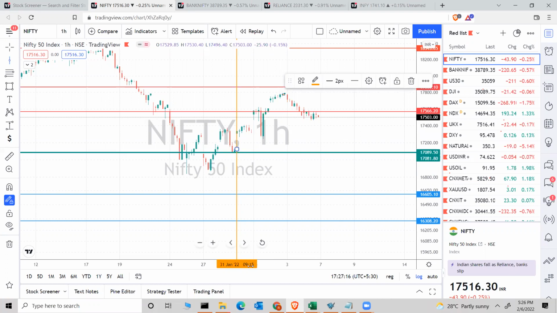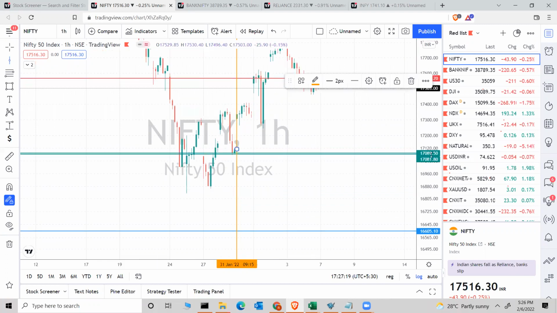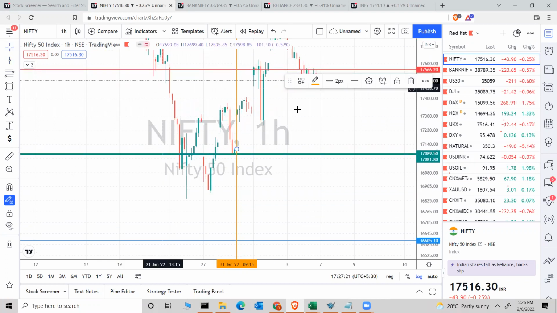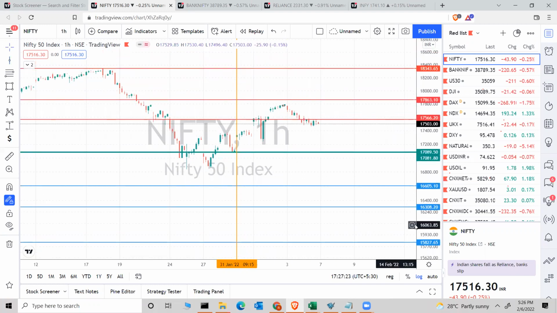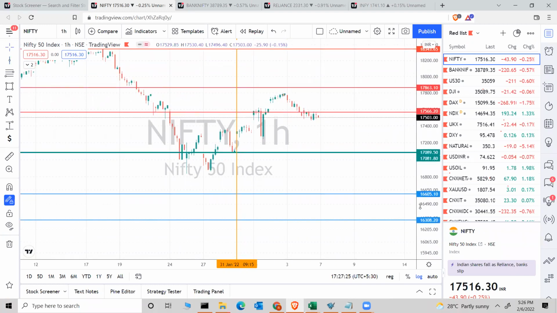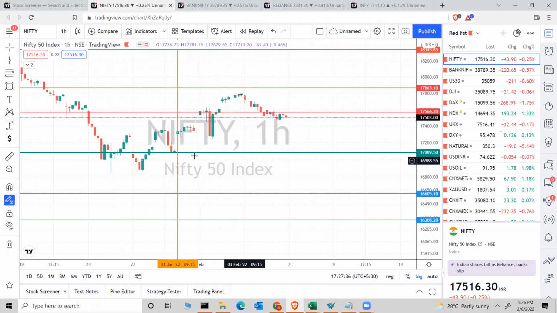31st, 9:15. So all you have to do is, like I told you, after plotting my weekly level on your chart, wait for Monday's first 15 minutes or 1 hour. If you want a safe bet, just wait for the 1 hour candle to close. So see where it is closing.